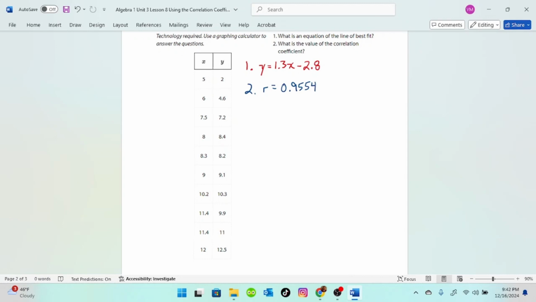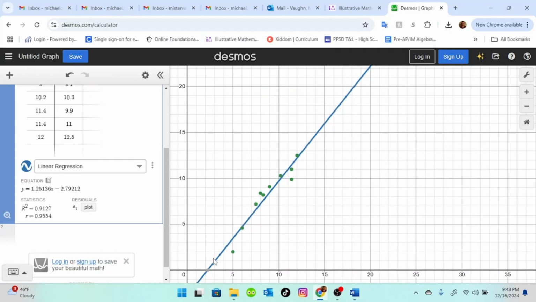And if you remember, being closer to a 1 means your linear model fits this scatter plot data very well. This is a strong correlation. And because we can see that it is going up from left to right, we would consider this a strong positive correlation.